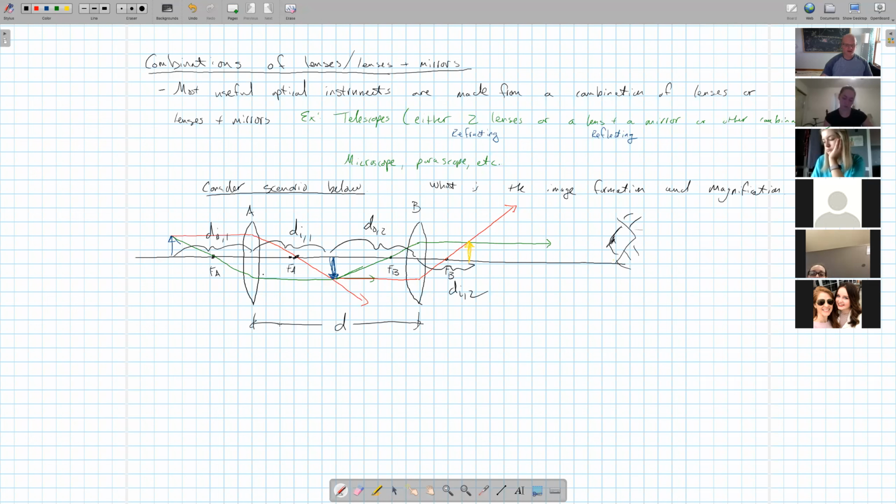Mathematically, we're simply going to use the lens equation and the mirror equation separately for each one of these different scenarios.